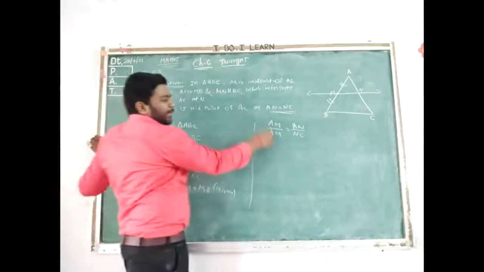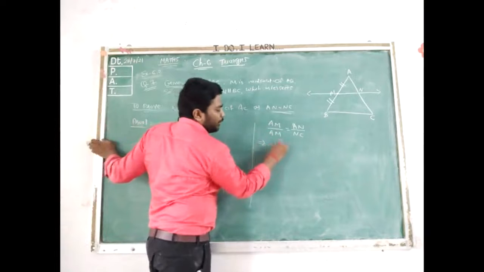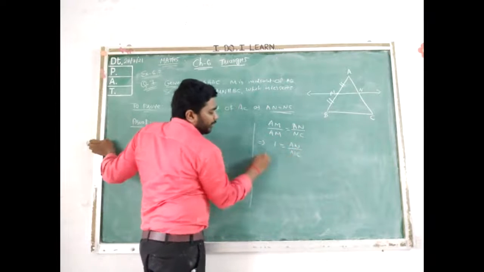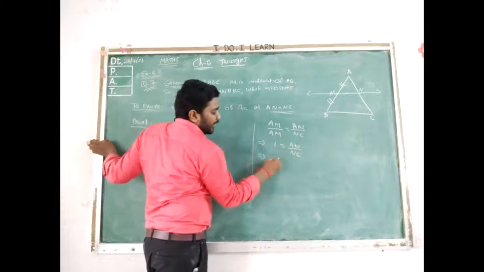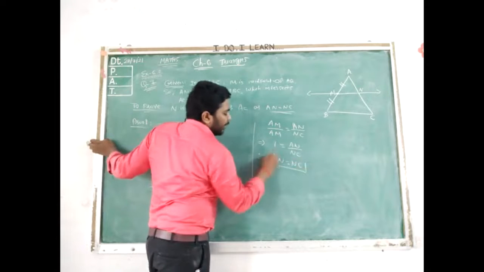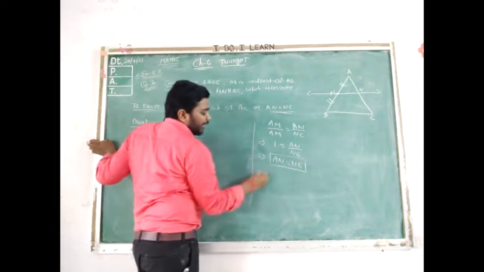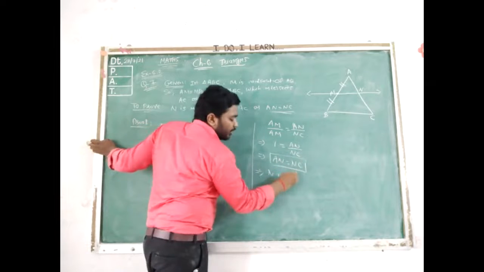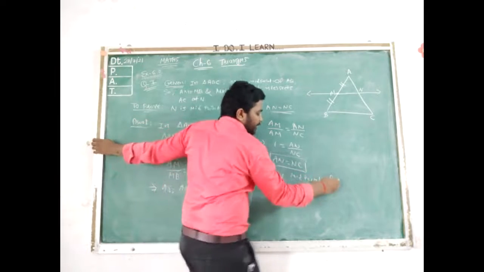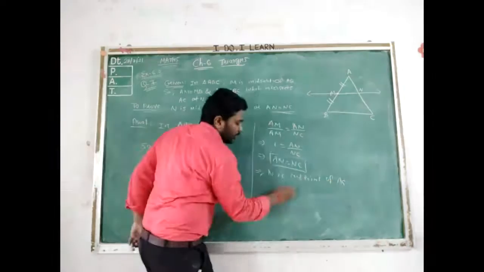Now AM gets cancelled out, so we have 1 is equal to AN upon NC, and this NC goes to the opposite side, so we can write AN is equal to NC. Now AN is equal to NC, so we can write N is the midpoint of AC, hence proved.